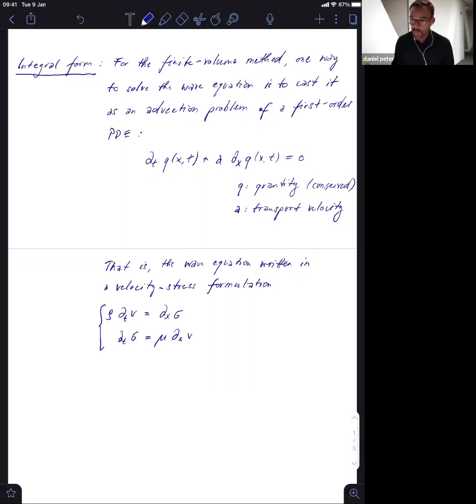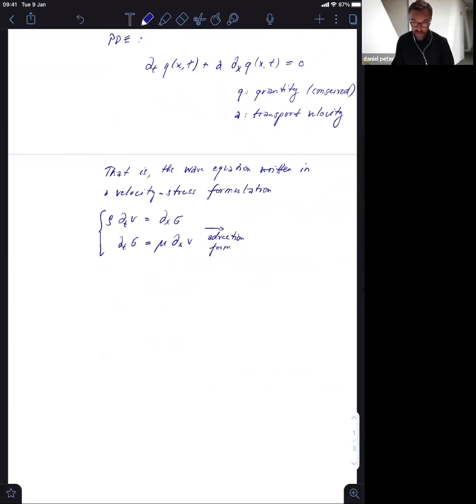So how could we cast this into the above advection form? Let's rewrite it a bit. First we would have the time derivative of a quantity, which here is the velocity.